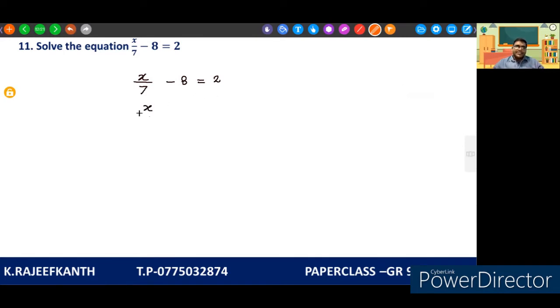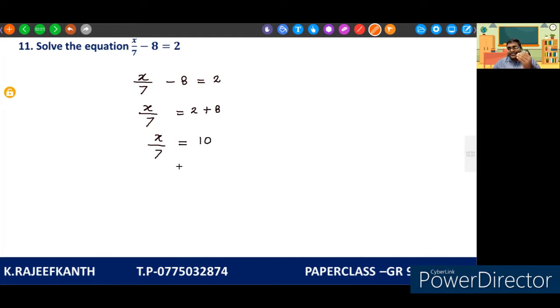So x over 7, if we add 8 to this minus 8, that will be 0. Then here 2 plus 8. Then x over 7 is equal to 2 plus 8, 10.